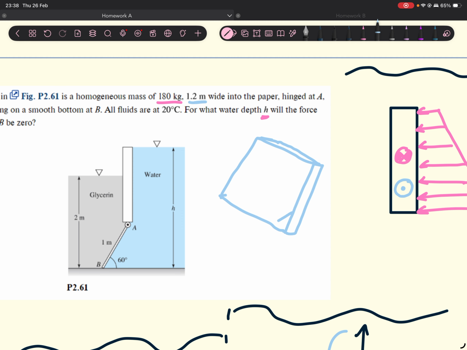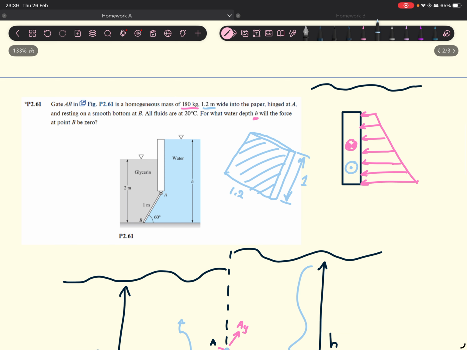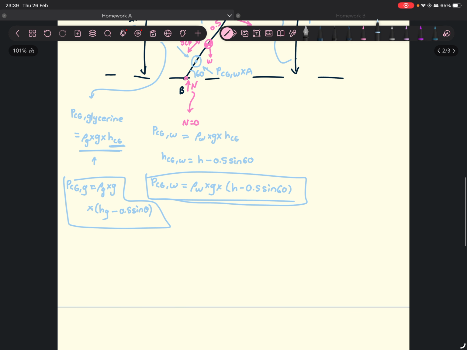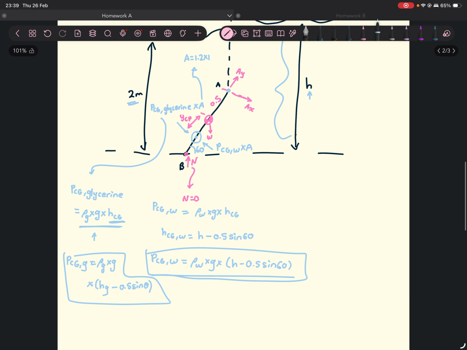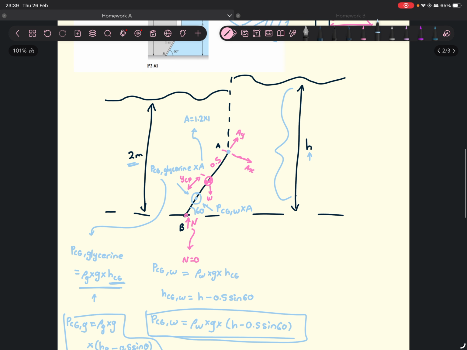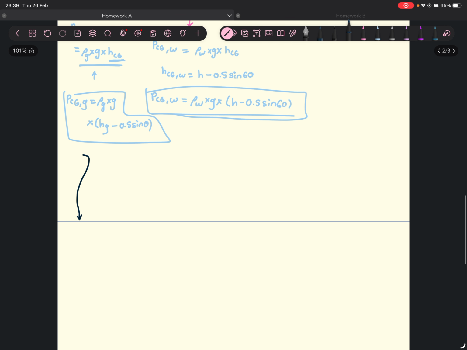And then the fluid is in contact with this hatched surface, then this is 1.2, and then this distance here is our 1 meter. So the hatched area is basically the area that we're looking for. So this area is equal to 1.2 times 1. Okay. Hopefully that makes sense and you understand where these equations come from. So yeah, let's do our sum of moments.